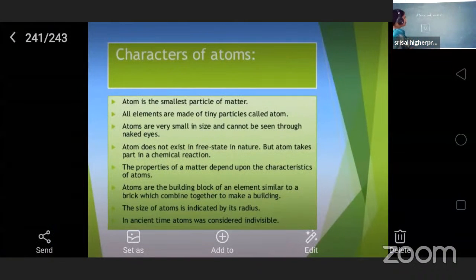So what are the characters of atoms? You know that atom is the smallest part of matter. You can take oxygen, hydrogen, these elements. All elements are made up of tiny particles.